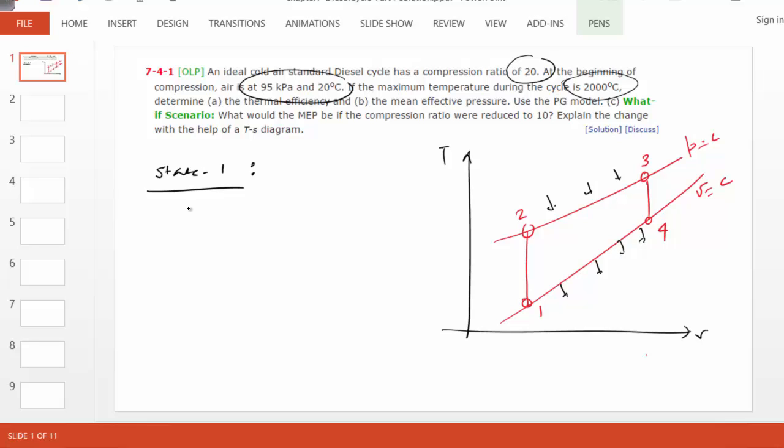So state 1, pressure is given, temperature in Kelvin is 293 Kelvin. So we can very quickly find the specific volume to be P by RT using the ideal gas equation.